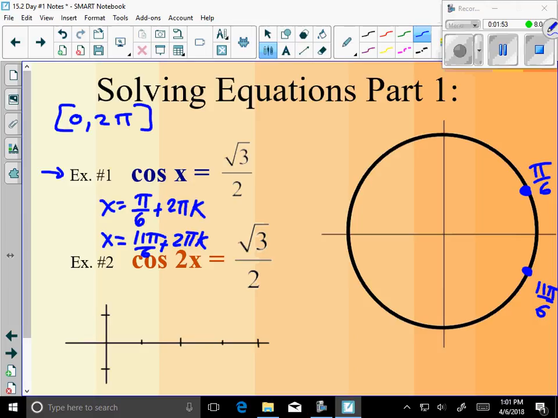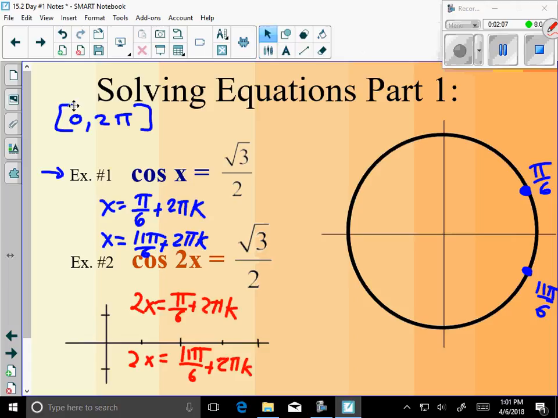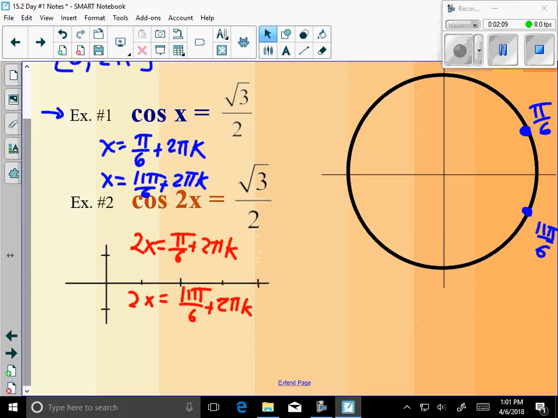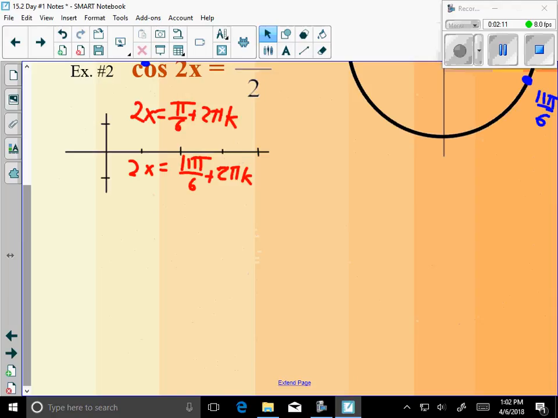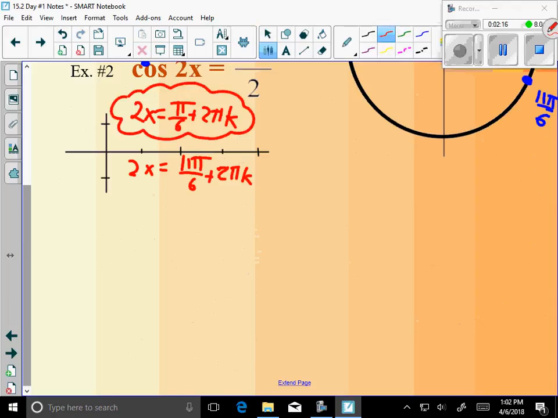In this case, we are going to take 2x, set it equal to pi over 6 plus 2 pi k, and 2x, set it equal to 11 pi over 6 plus 2 pi k. So when I simplify to find x, to find my angles, what does this yield? I divide by 2.